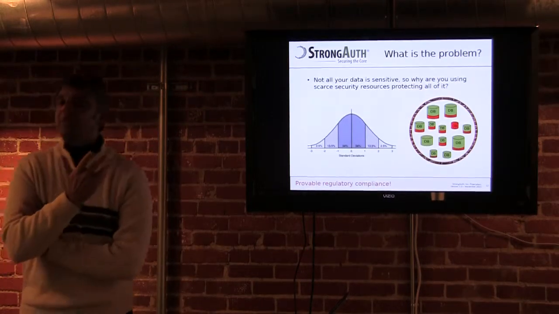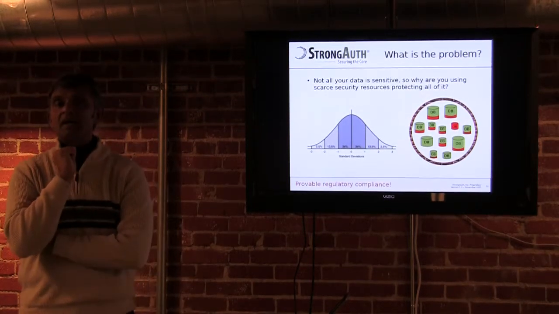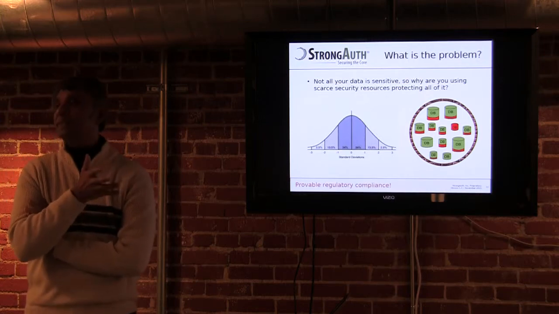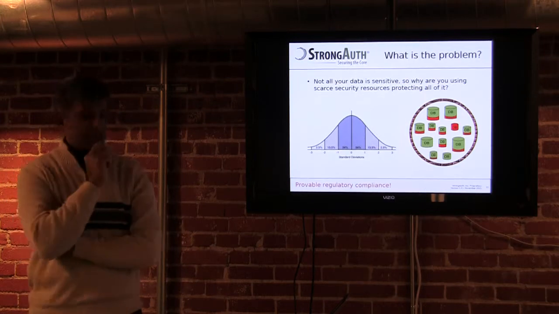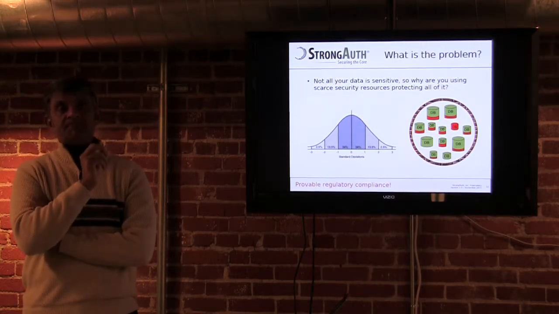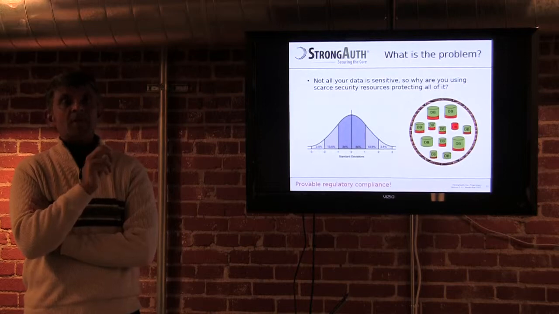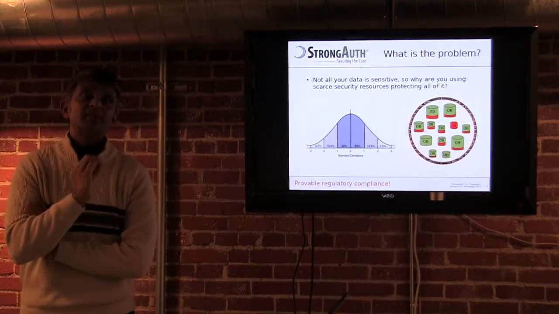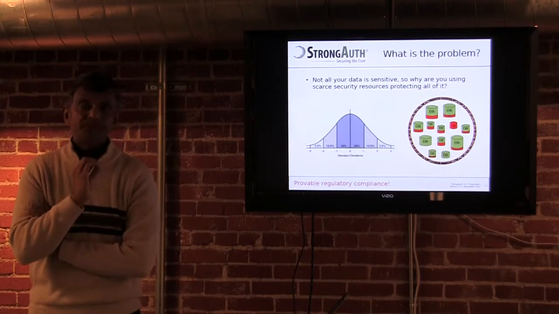So what is the problem that we are trying to solve here? The cloud has obviously become one of the biggest things in the industry. But if you look at the data that you use, not all your data is absolutely sensitive that needs security.